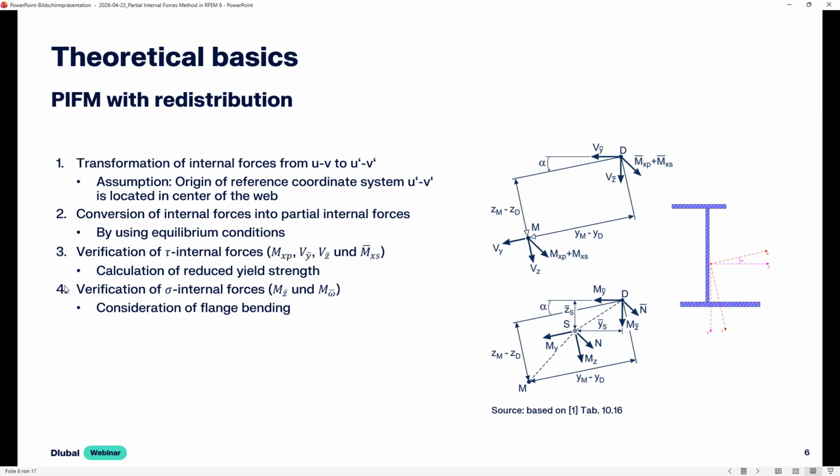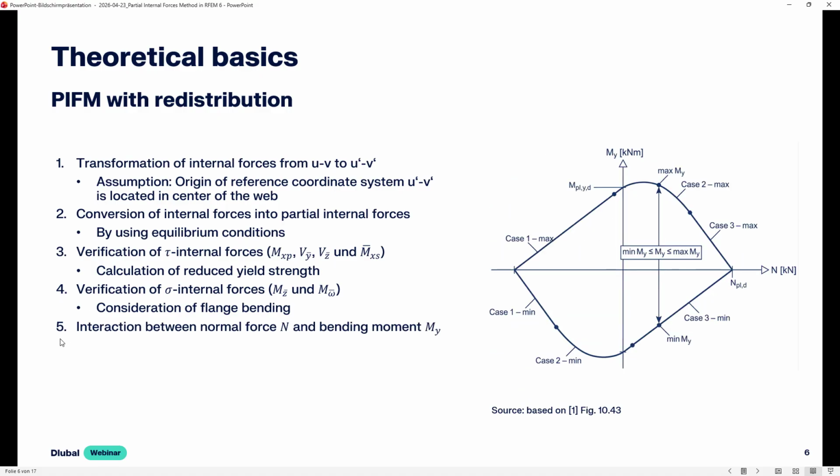Same if we proceed with step 4 and the design ratio is bigger than 1, then the design check is also not fulfilled. But if the design ratio after step 4 is still below 1, then we can proceed with the last step.